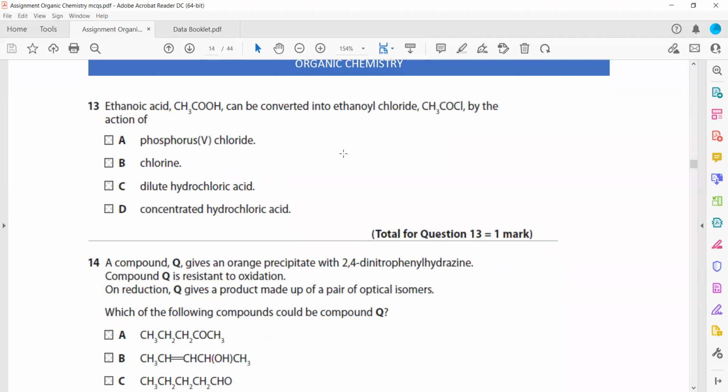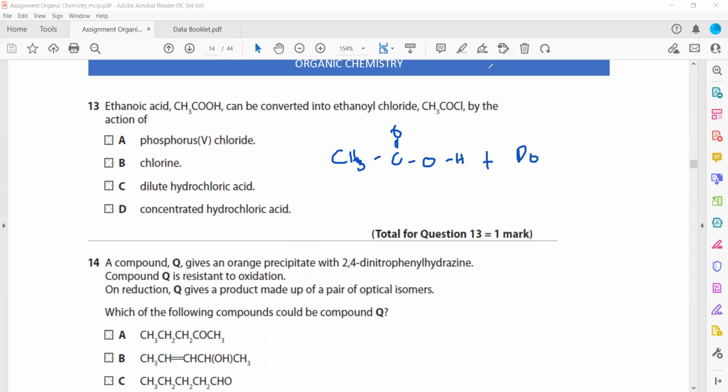Then ethanoic acid can be converted into ethanoyl chloride by reacting it with PCl5. PCl5 is also a test for the presence of an OH group, for alcohol and for carboxylic acid.